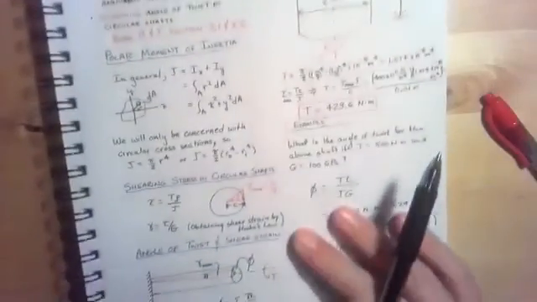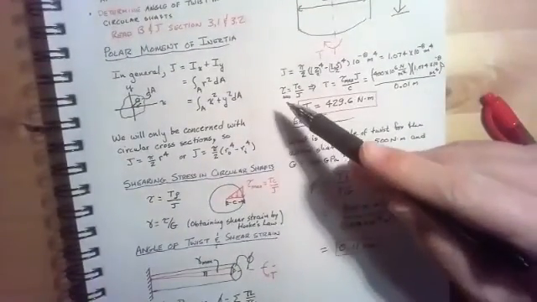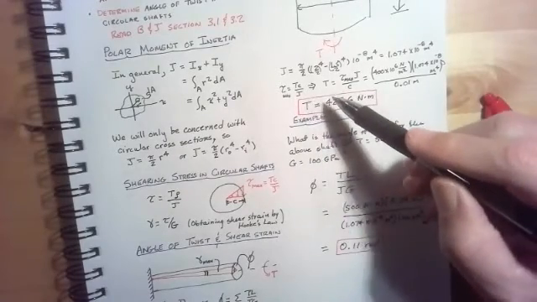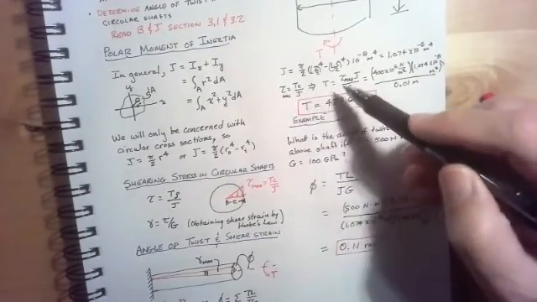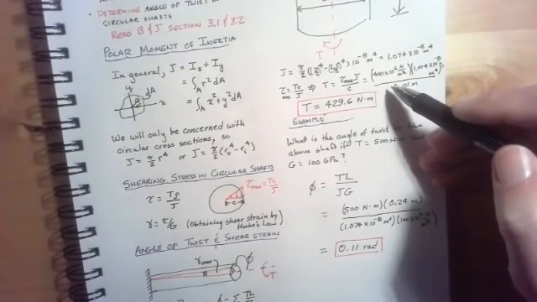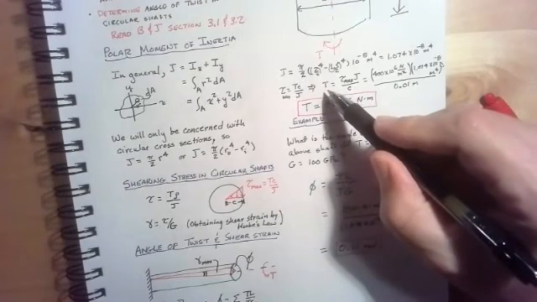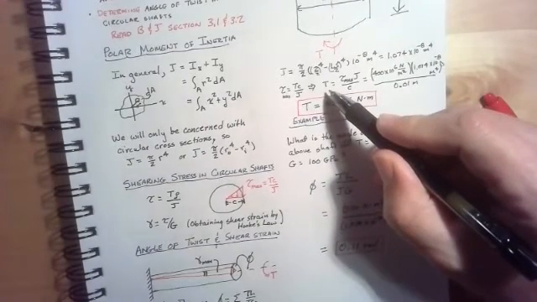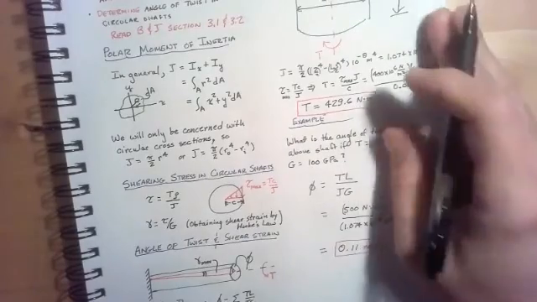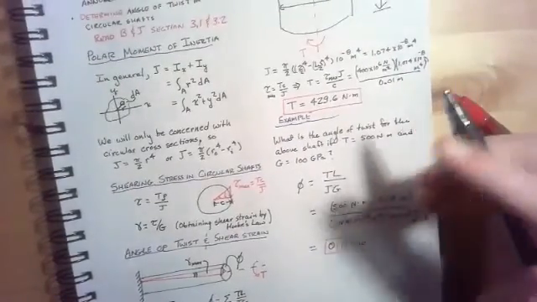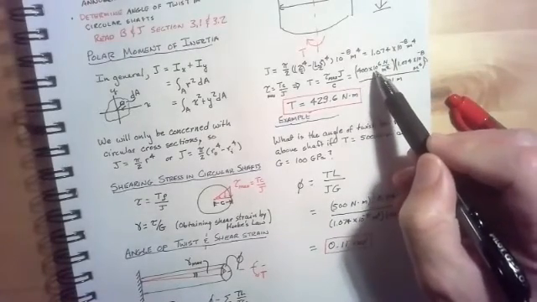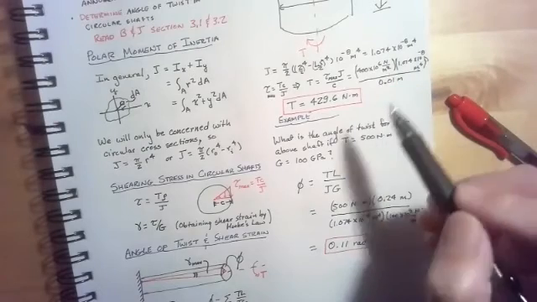So if I'm interested in the maximum shear stress, tau max, that's equal to Tc over J. And I can solve that for the torque that would set the max shear stress equal to 400 megapascals. So inverting that equation for T gives me T equal to tau max times J over C. So all I have to do is plug in the correct numbers of 400 times 10 to the sixth newtons per meter squared.